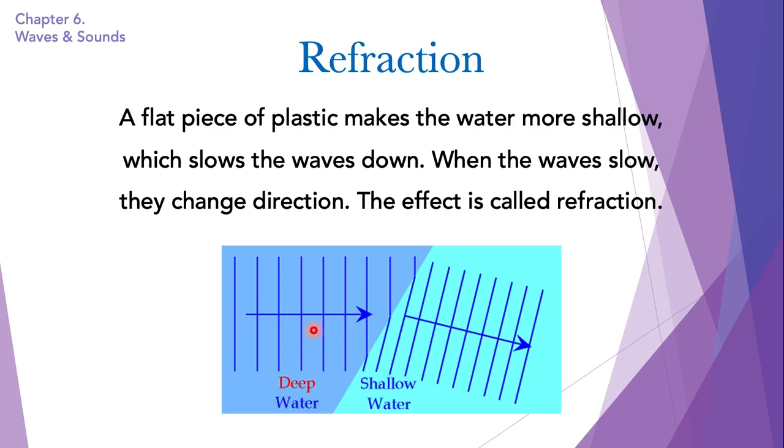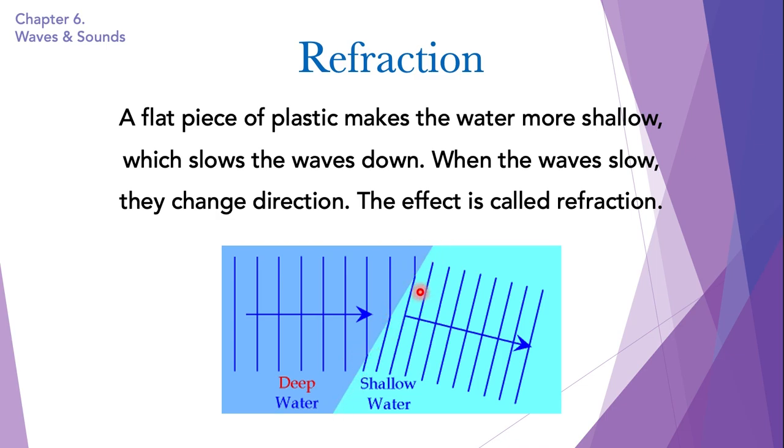From this diagram, we can see that if the wave fronts close up on each other, their direction of travel must change as well, unless they are traveling at right angles to the boundary. So in this example, the boundary is not at right angles to this wave. The wave fronts are straight like this, but the boundary of the plastic is laid like this.